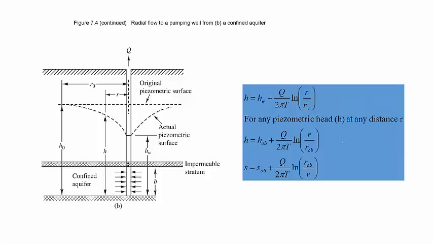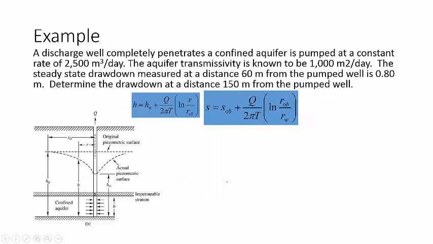Okay, so here are the equations again for a confined aquifer. We already went through the notation here. So for any piezometric head, we look at a distance and we can calculate the drawdown, of course the head and then the drawdown. So let's see this example.